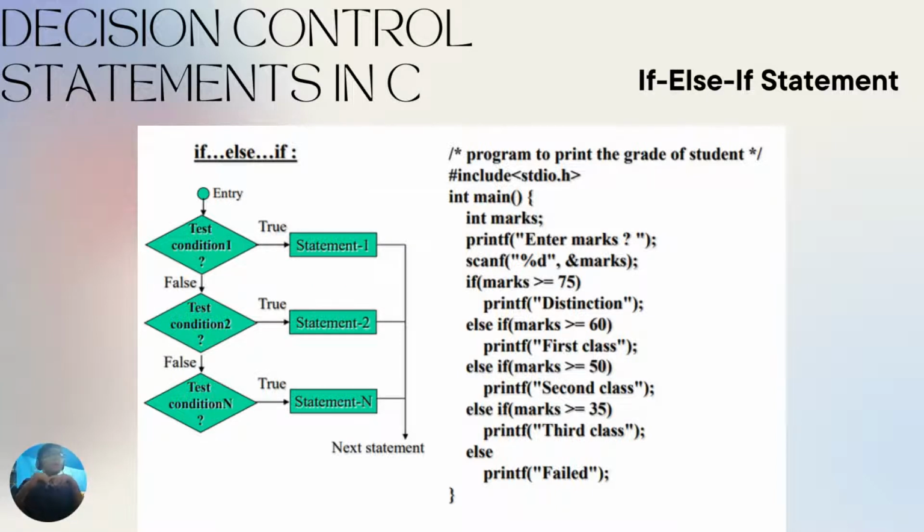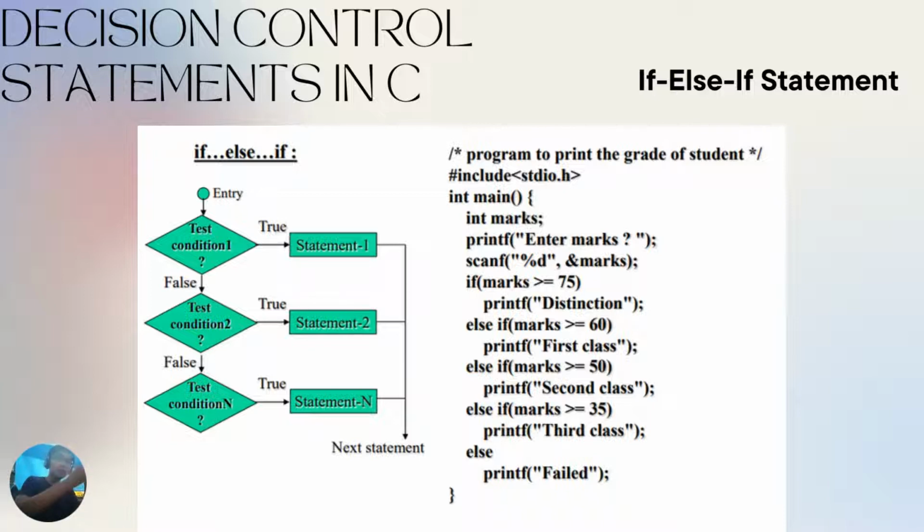We have the last decision control statement, that is the if else if statement. Suppose you need to evaluate an input based on multiple expressions, then one can use if and else if. Else if is nothing but an extension to if.